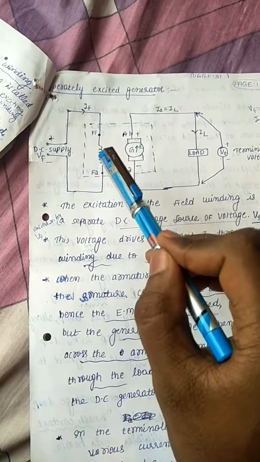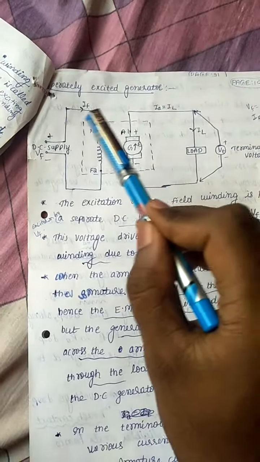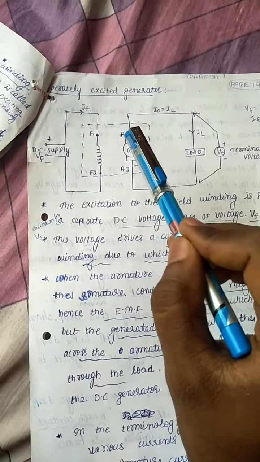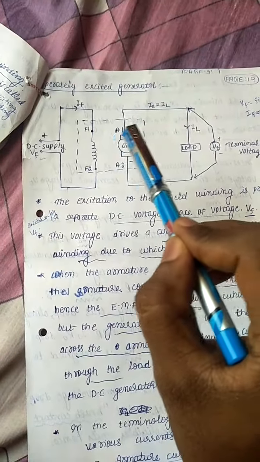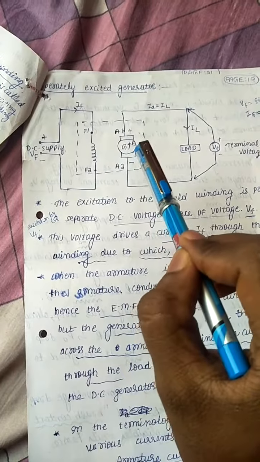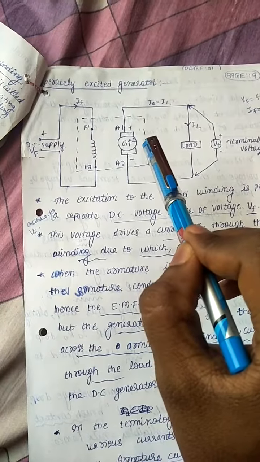When the current is passing through the field winding, then what will happen? The flux will be produced. That flux will get linked with the armature conductors in the armature. The circle I am showing is the armature. Inside you have armature conductors.